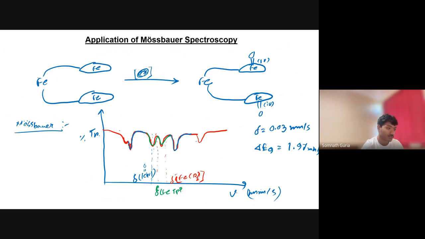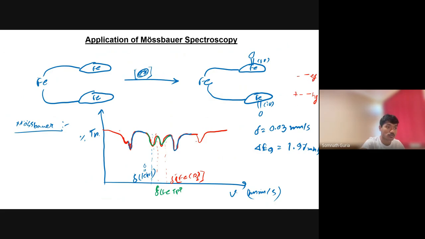Okay, and then why is the delta EQ value so large? We can think about that. We have a system like, this is a green color, right? So we have an octahedral system where we have T2g and eg, the iron 4 oxo system.